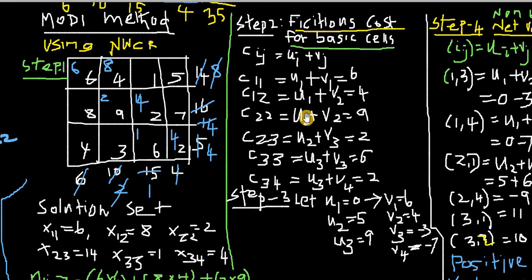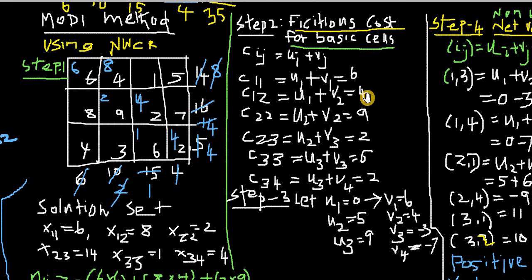Okay, now U2. We have found out V2, which is 4. Now what is U2? U2 plus V2 equals 9, so U2 plus 4 is equal to 9. Therefore U2 is equal to 5.